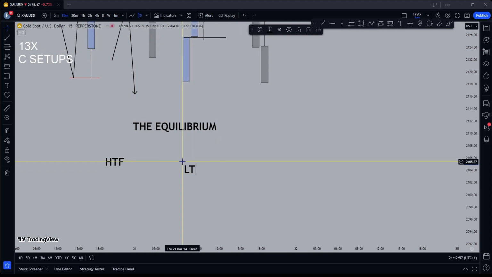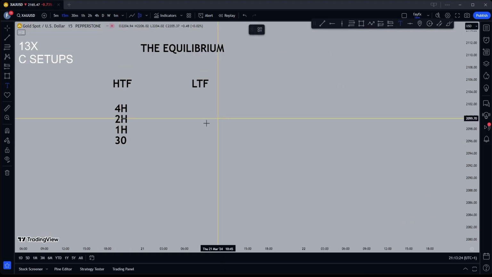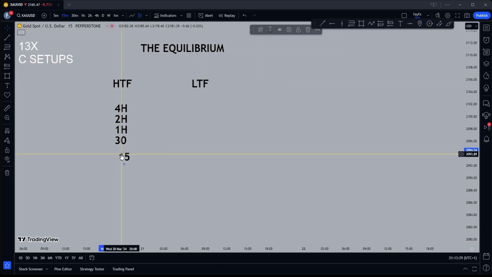For a higher time frame, we do use 4 hours, 1 hour, 30 minutes. Sometimes, just sometimes, we use 15 minutes.